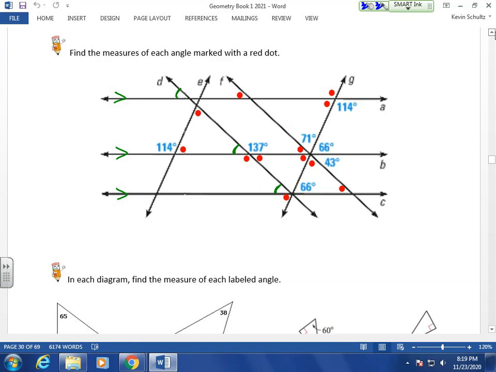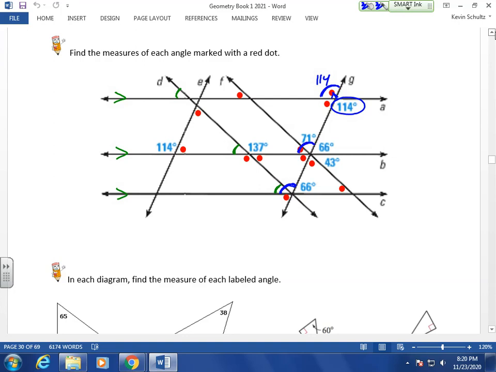But just to get you started here, if you look at this 114, I'll start there. You do have a vertical angle going straight across, so that gets you this to be 114 as well. I guess this will work out to be a pretty good example. That 114 is a corresponding angle. It's an obtuse angle here. That corresponds with this whole angle right here and this whole angle down here, right?